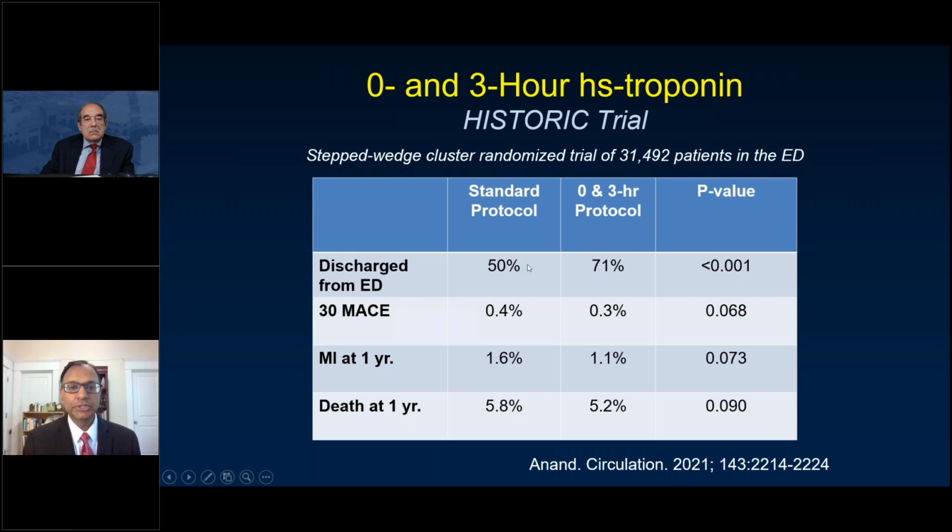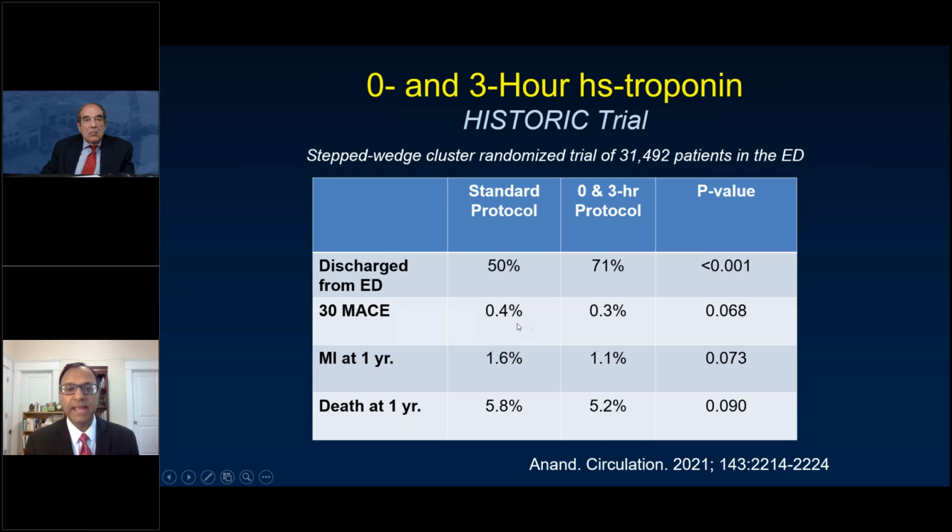They were able to discharge more patients from the ED with their new high sensitivity troponin early rule out pathway, 20% more. And I believe their length of stay dropped from around 10 hours to 7 hours on average. So it was a median 3-hour reduced length of stay in the clinical decision unit.